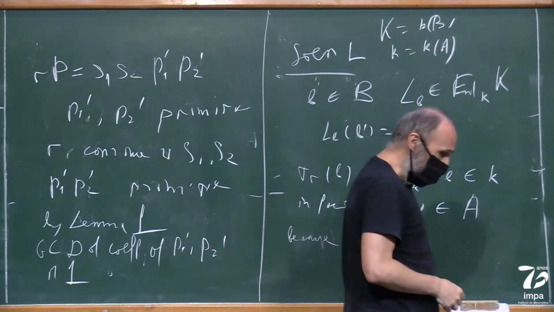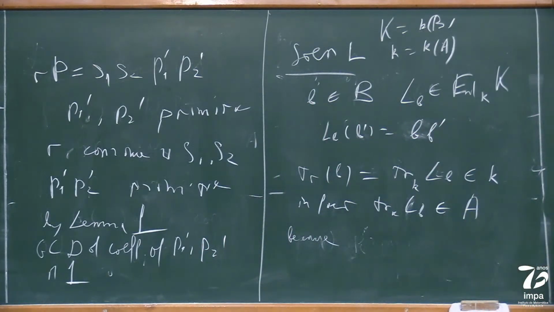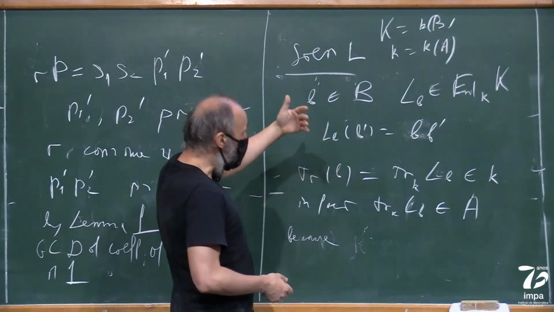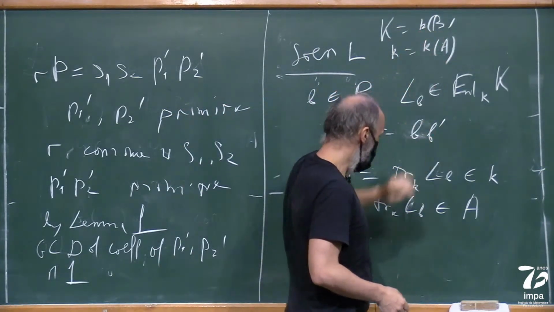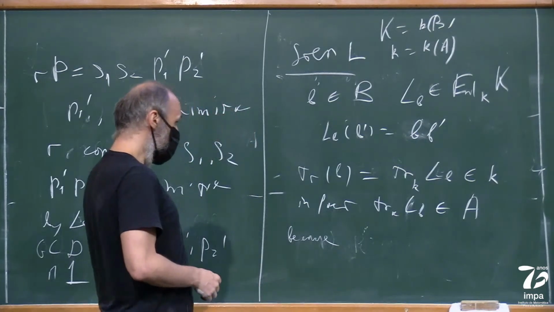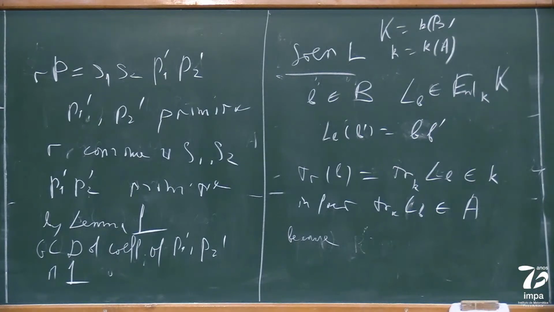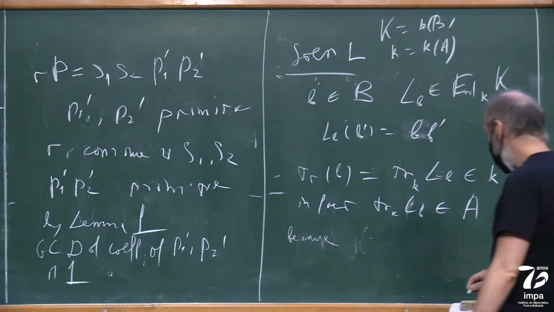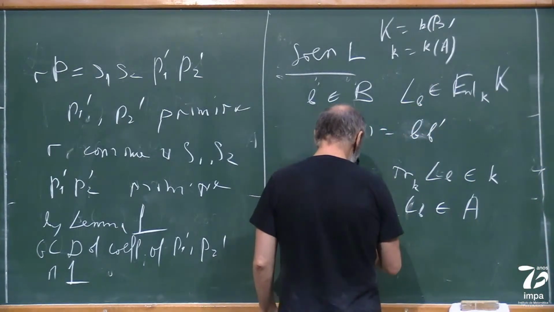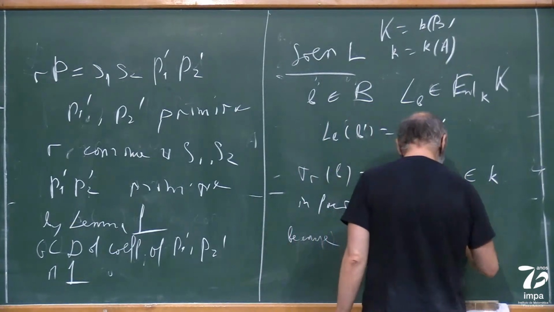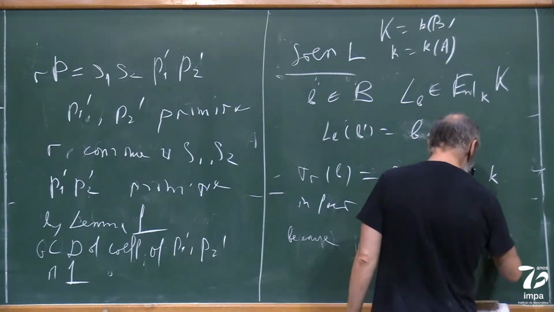You can find a basis such that, since b belongs to a finitely generated submodule of B big, you can have a matrix in a certain basis. The matrix of L_b has coefficients in A.